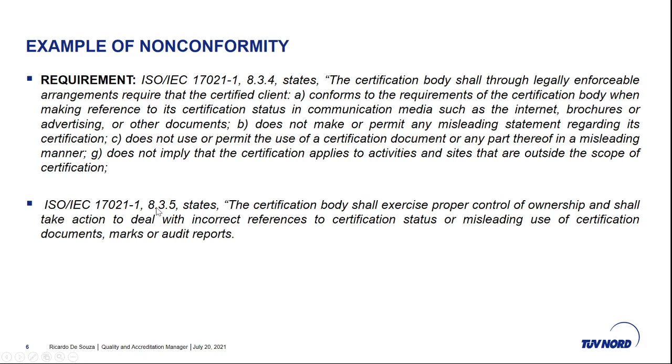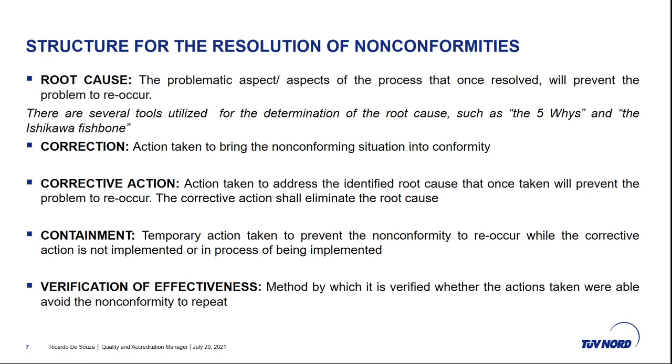Then there is another requirement that he put in this nonconformity, the A35, that states the certification body shall exercise proper control of ownership and shall take action to deal with incorrect references to certification status or misleading use of certification documents, marks, or audit reports. Okay, so that's the nonconformity.